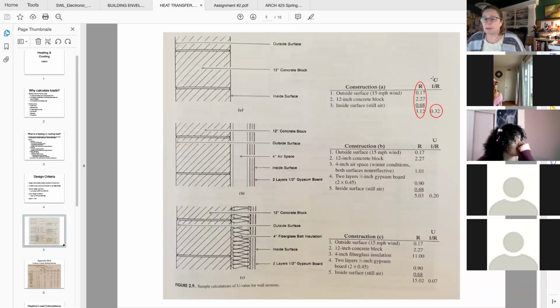So U factor, it's the conductance, it's 1 over R, but the concept is, it is what is allowing heat to move from one side of the wall to the other. In this case, for a heating load, it's going out through the wall. For the cooling load, it's coming through the wall. Because in heating, the exterior is colder, and in cooling, the exterior is warmer.